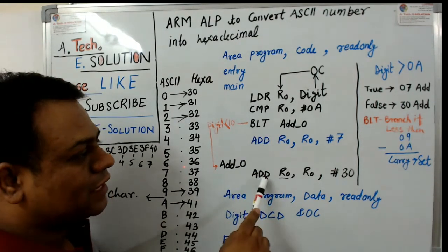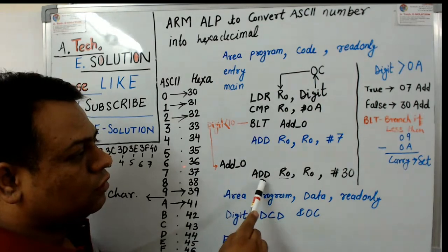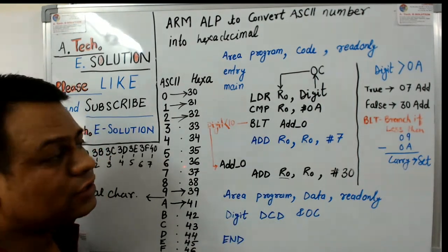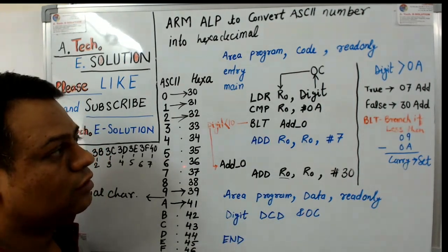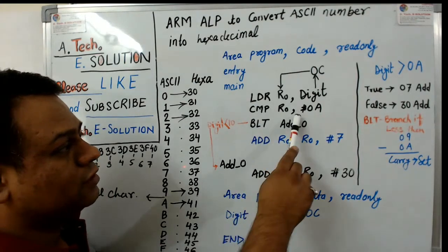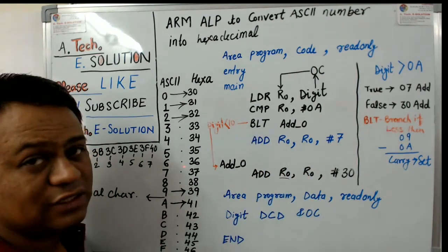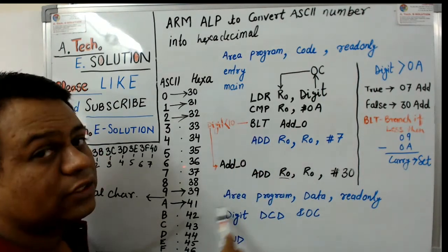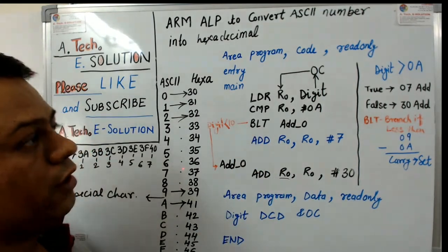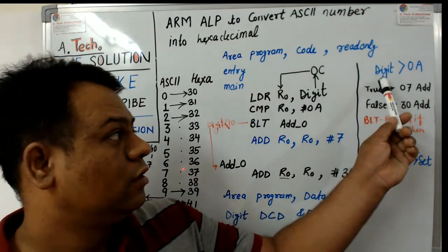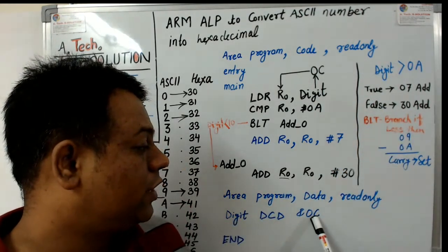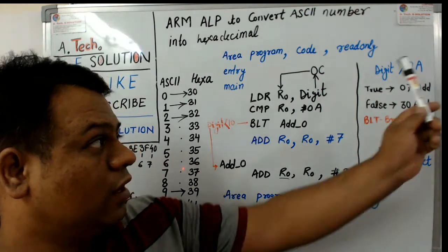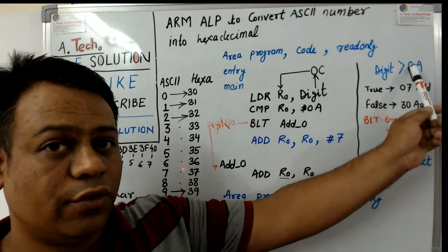So in this case, these two instructions are executing with the help of this compare and BLT instruction. Let us discuss these instructions in detail. Here, the digit which we are entering, 0C, is greater than 0A.